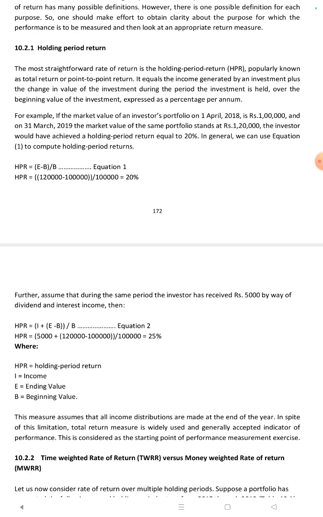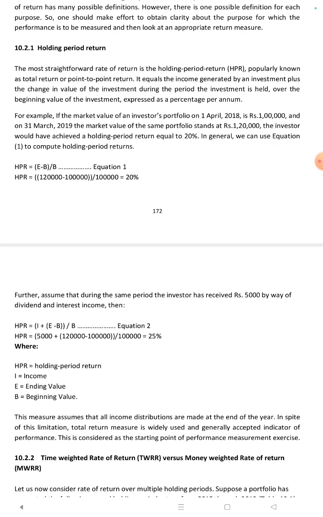Holding period return. The most straightforward rate of return is the holding period return, HPR जिसको कहते हैं, popularly known as total return or point to point return. It equals the income generated by an investment plus the change in value of the investment during the period the investment is held, over the beginning value of the investment, expressed as percentage per annum.